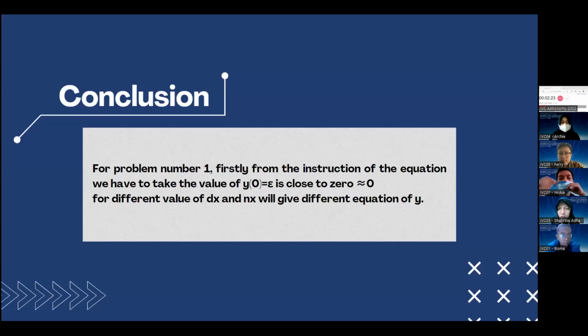For the conclusion for problem number 1, firstly, from the insertion of the equation, we have to take the value of y0 equal to epsilon, which is close to 0, almost equal to 0. Different values of dx and nx will give a different equation of y.